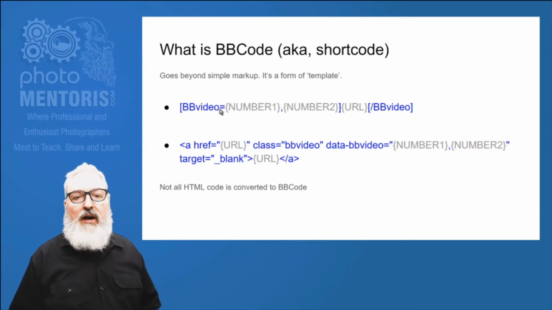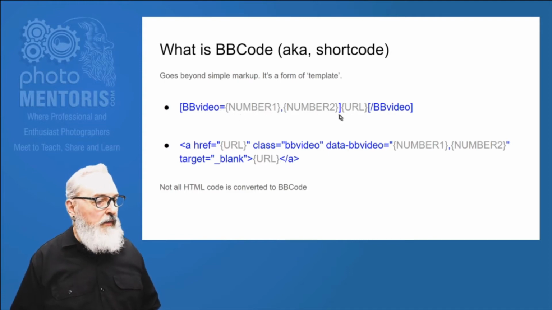Typically, anything that requires an equal sign requires some kind of user input on your part. Then we have a reminder that this is going to be a URL, and then we have the closing BB video.